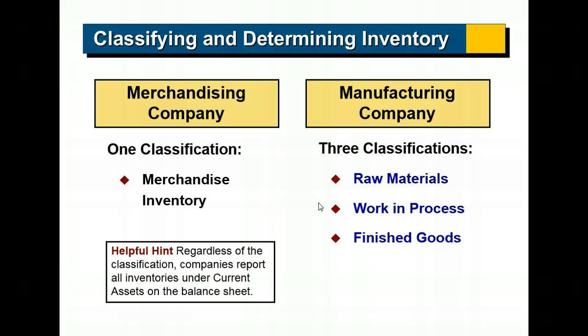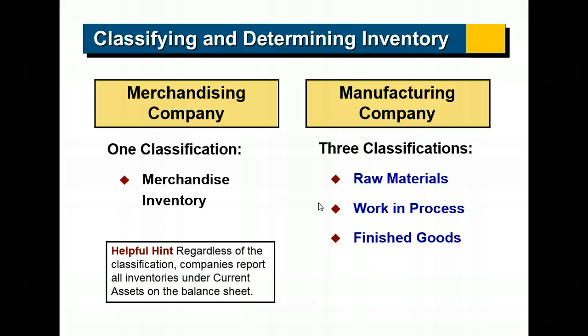So in a manufacturing company, you have inventory that consists of just raw materials, waiting to be used. Then you have a section called work in process. Those are goods that are in the process of being completed, but they're not done yet, and we're going to keep account of that work in process inventory.